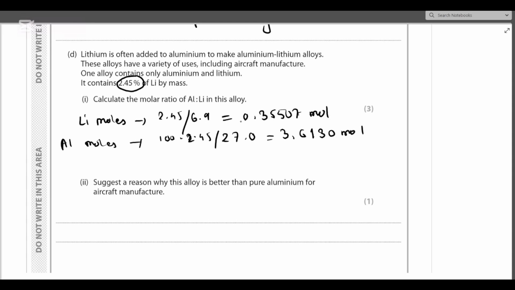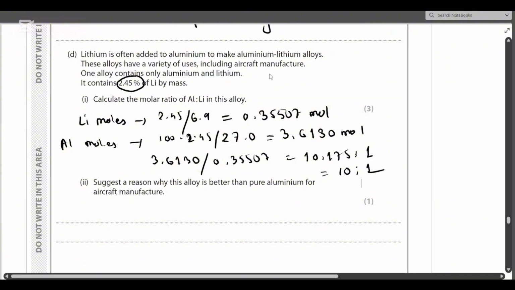Now, if you divide the aluminum moles, 3.6130, by 0.35507, you can write this in ratio form, which is about 10.175 to 1, which, if you round it off, is 10 to 1. So the molar ratio of aluminum to lithium is 10 to 1.